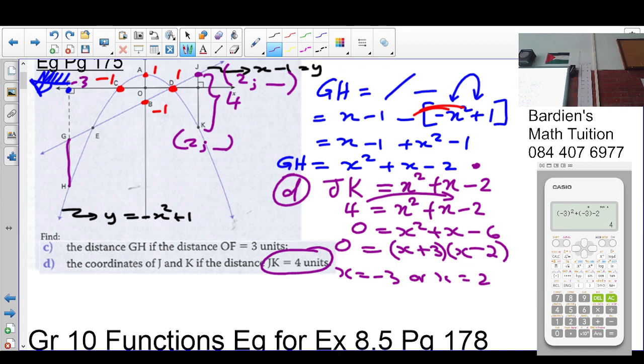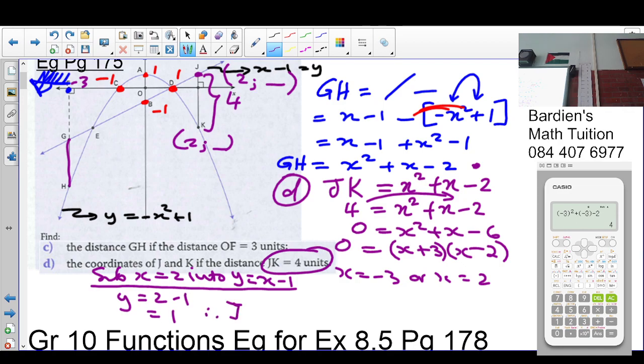The straight line. So we substitute x equal to 2 into the straight line. You just say y is equal to 2 minus 1, which is 1. So therefore, J is (2; 1).